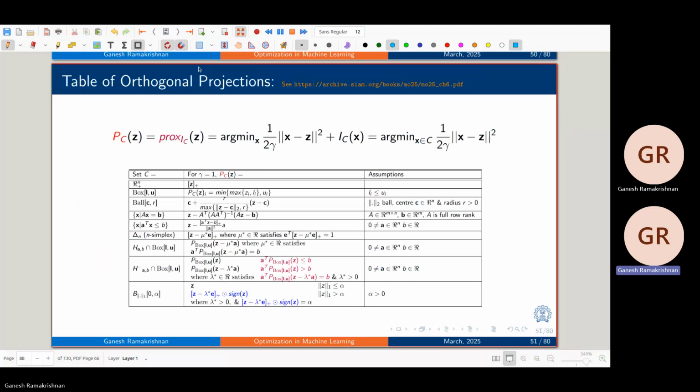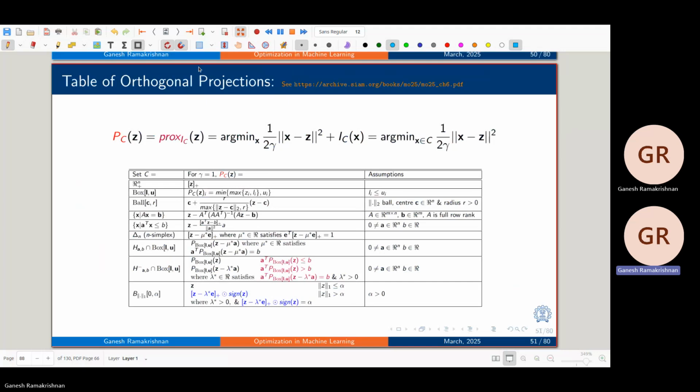If a component is less than L, make it L. If it's greater than U, make it U. Box, that's it. Can you show that these very intuitive constraints, and other constraints that are also intuitive but may not be as straightforward, can be obtained as projection operations?